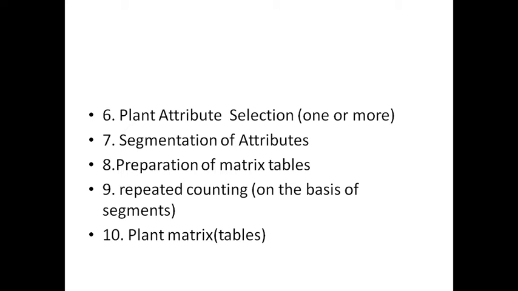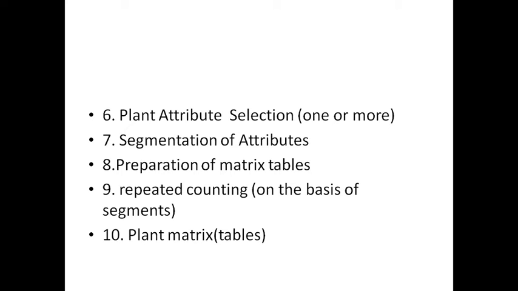Next, come to the sixth point. Suppose for these cases we are selecting only 4 grids for the study of plant species diversity. Then the sixth point is what we will identify. We are not botanists, we are not familiar with all sorts of plant divisions, genetical and species division.